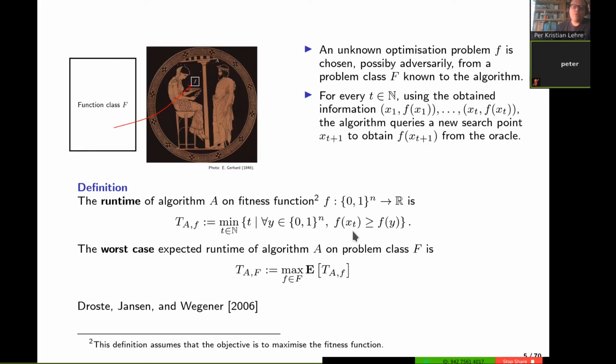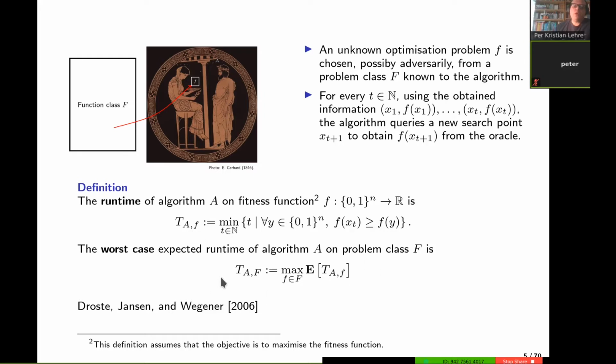The optimal search point here is a search point xt such that for all search points y in the search space, we assume here that we have bit strings, the fitness of xt is at least as high as the fitness of y. Okay, so this is the best fitness we can get.